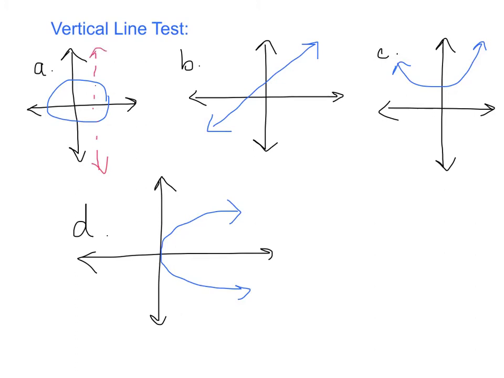And what you're trying to check is to see if it intersects your graph in more than one point, like here and here, that means that it's sharing an x value, and it means this is not a function.